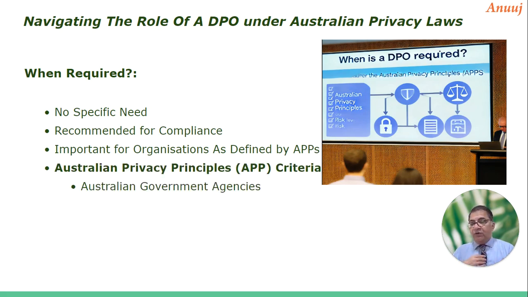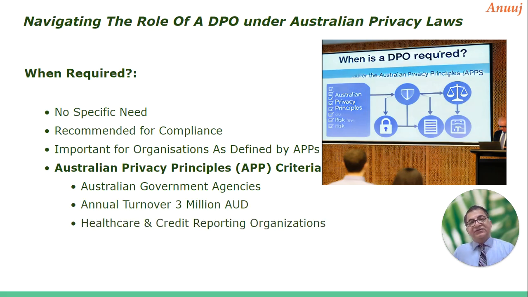With respect to DPO, all government agencies in Australia need to have a DPO because they are handling a lot of personal information. All organizations that have an annual turnover of 3 million Australian dollars need to have a DPO, and any organization, irrespective of whether the turnover is $3 million or not, but is handling healthcare data or is handling credit reporting, that is financial transactions, defaults and other credit reporting things, are also liable to have a DPO within the organization, right?